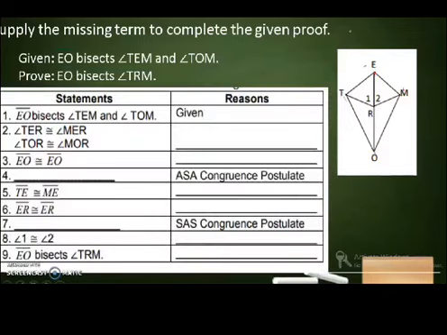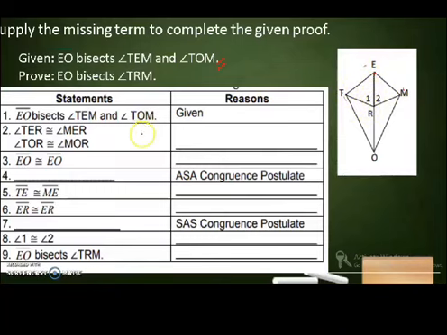So let's now have our statements. Number 1, EO bisects angle TEM and angle TOM. That is given. We have angle TER is congruent to angle MER. So TEM is bisected, so we have now formed two angles, TER and MER.